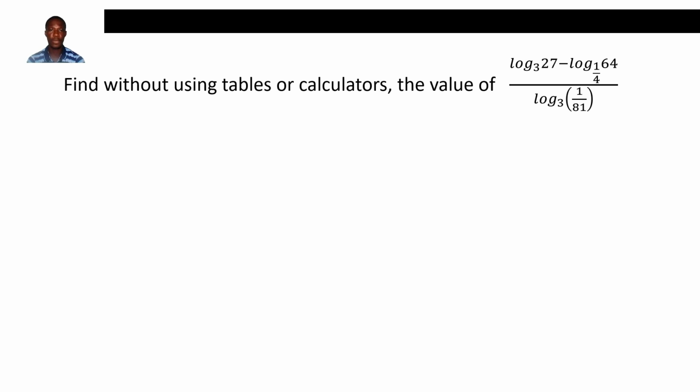So it says find without using tables or calculators the value of the expression here. That is a fraction with numerator log to the base 3 of 27 minus log to the base 1 over 4 of 64, and the denominator log to the base 3 of 1 over 81.